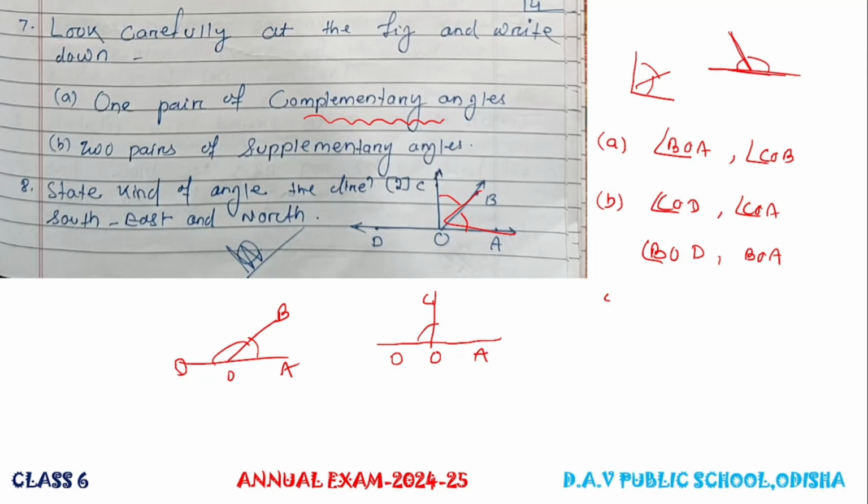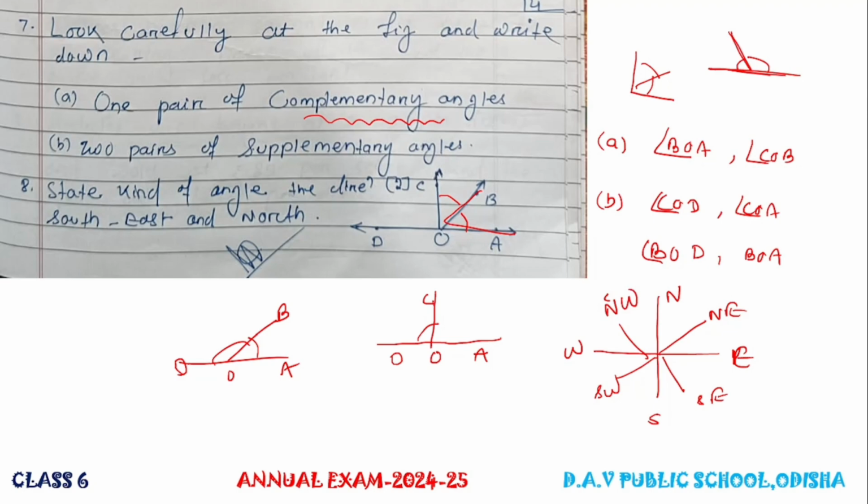Now next, state the kind of angle between the directions southeast and north. Okay, we know that there are 4 cardinal directions, that is north, south, east and west, and 4 intermediate directions, that is northeast, southeast, southwest and northwest.